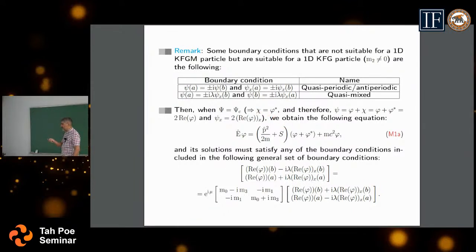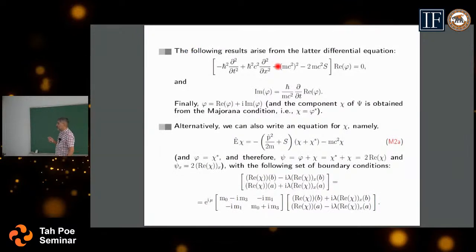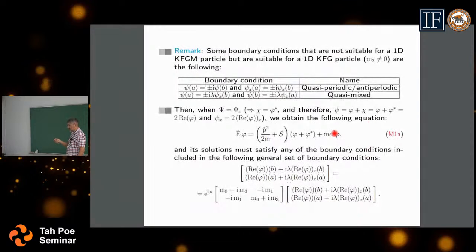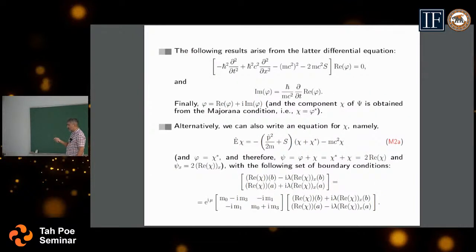This equation is absolutely equivalent to this equation, so the real part satisfies this, and the imaginary part is just the time derivative of the real part. Phi is complex. I want to obtain the solution phi, the complex solution. Okay, it's easy.